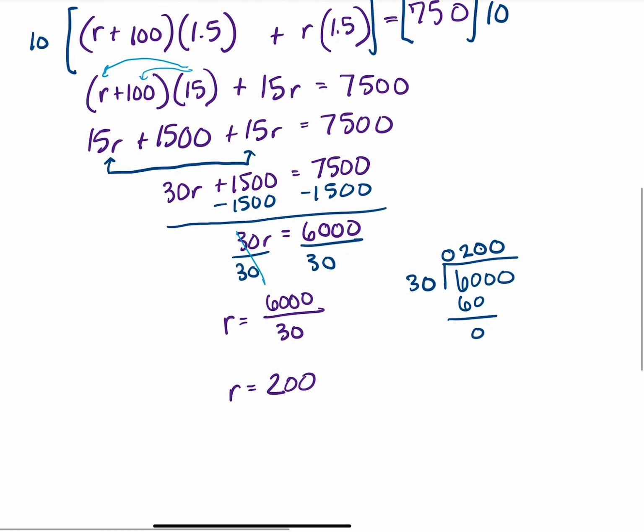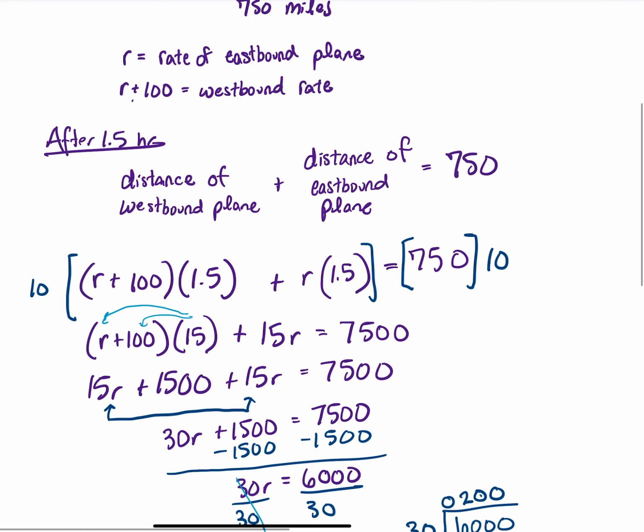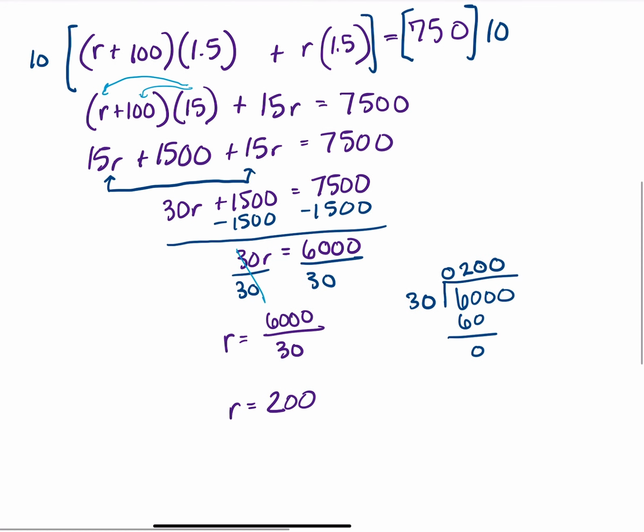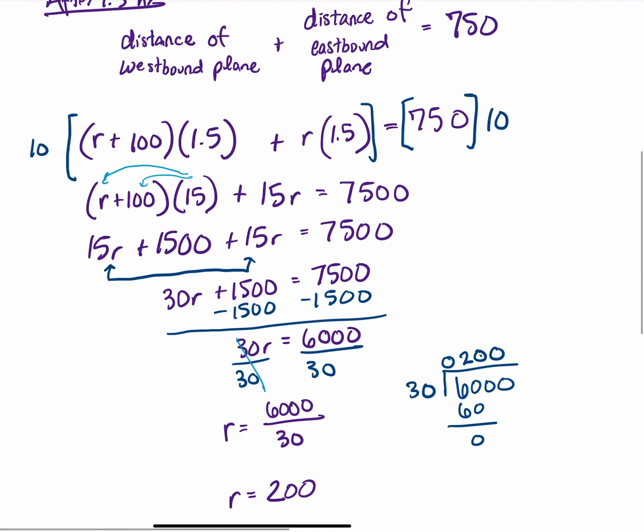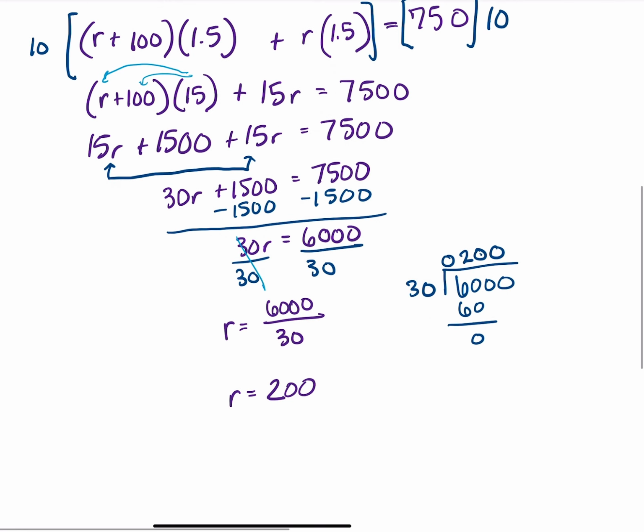So let's state our solution. It was wanting the rates, right? Find the speed of each plane. So we can say the eastbound plane has a speed of 200 miles per hour.